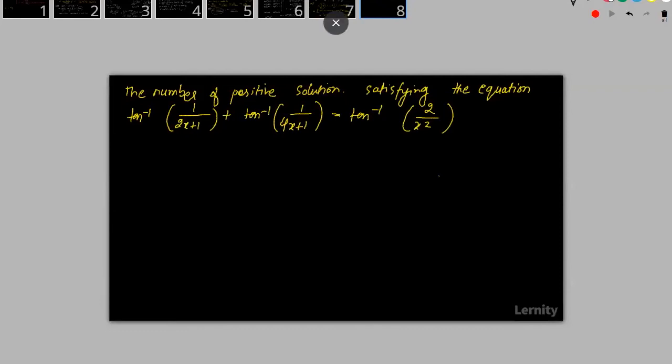This question was asked in JEE Advanced 2014. The options are A 1, B 2, C 8 and D 9. Solve this one.